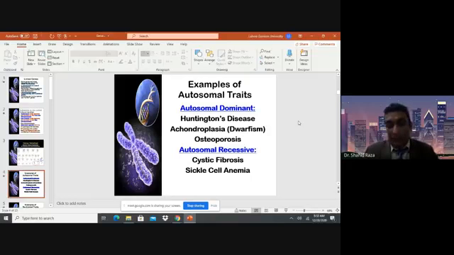Another example is osteoporosis. Then there is autosomal recessive, for example cystic fibrosis and sickle cell anemia.